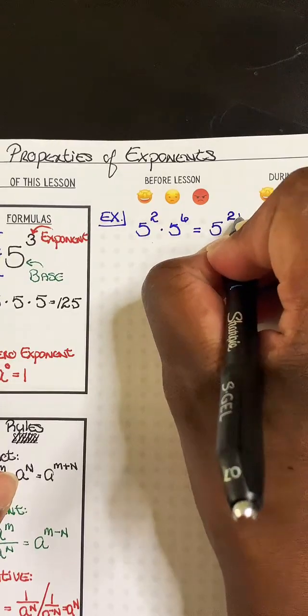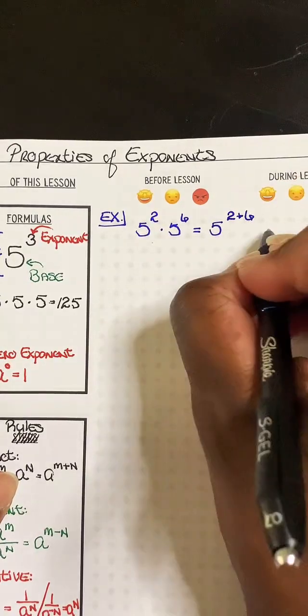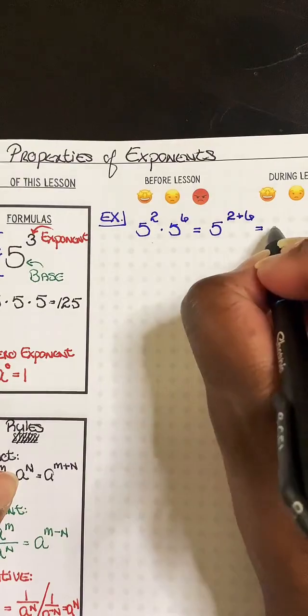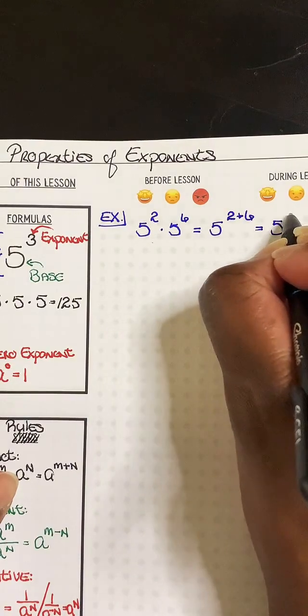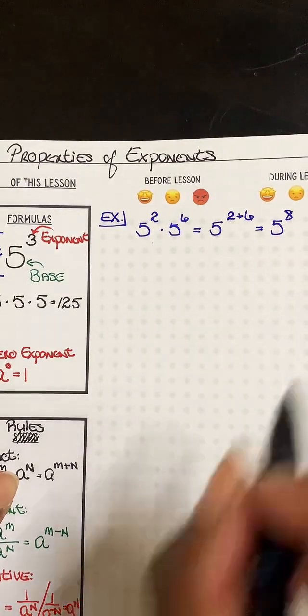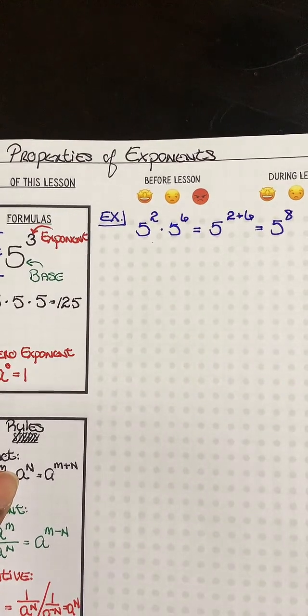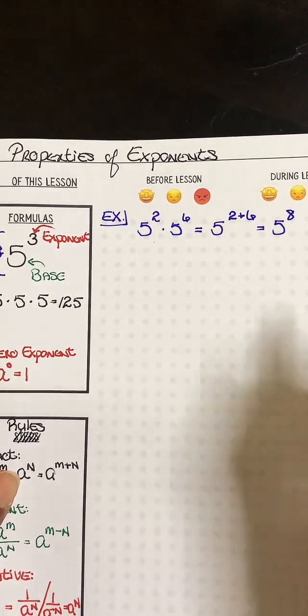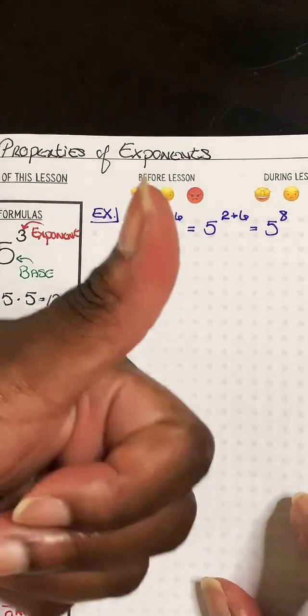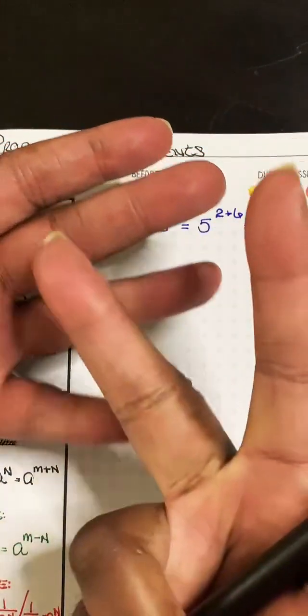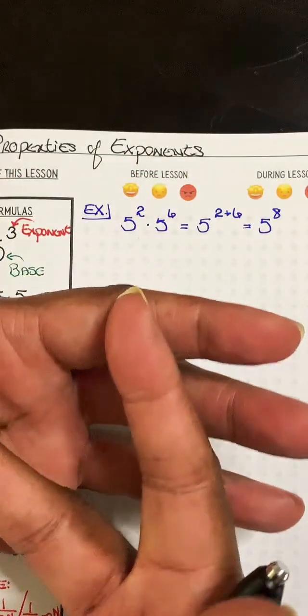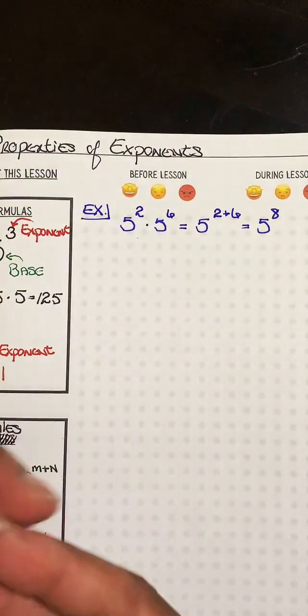So that's 2 plus 6. So that gives us 5 to the 8th power. Okay. And if we do want to say 5 to the 8th power, that's basically saying 5 times 5 times 5 times 5 times 5 times 5 times 5 times 5. Okay, we're multiplying the 5s 8 times.